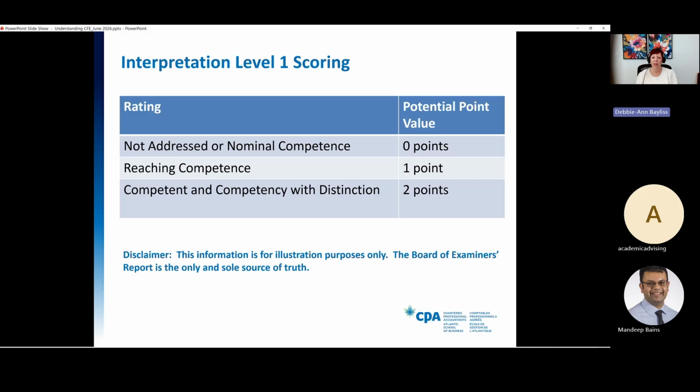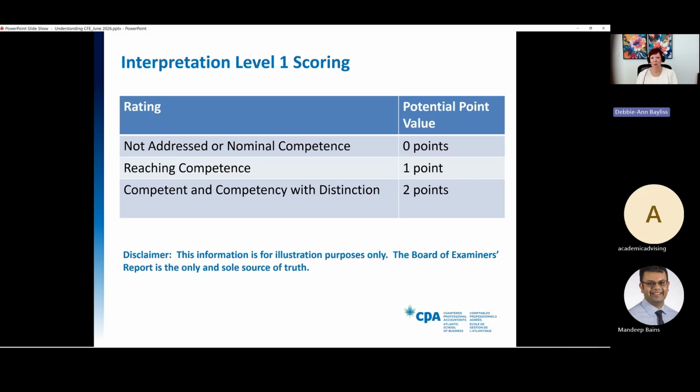If you do not address an assessment opportunity or receive a nominal competency rating, 0 points are awarded. If you are rated as reaching competent, you receive 1 point. If you receive a competent rating or competent with distinction, you receive 2 points.